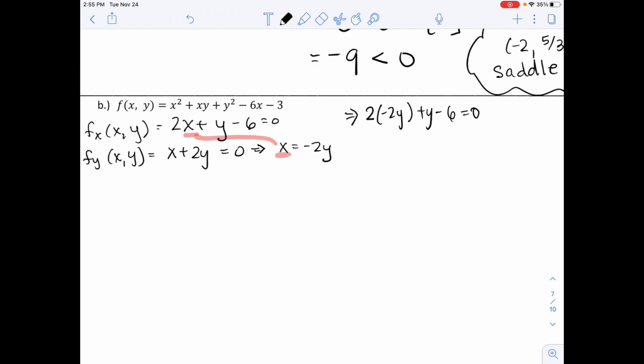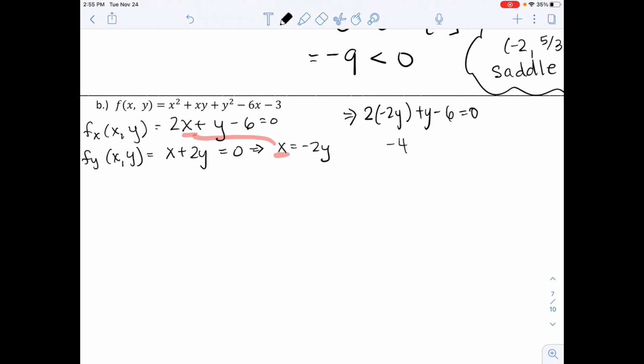This I can solve, so I have -4y plus y minus 6 is equal to 0. And then keep simplifying this. We have -3y minus 6 equals 0. Adding 6 and dividing by -3, we have y is equal to -2.